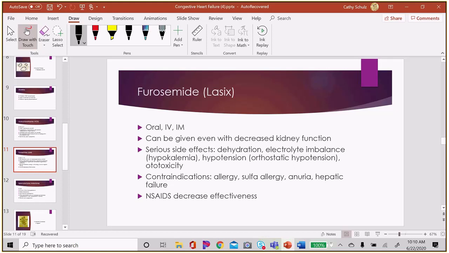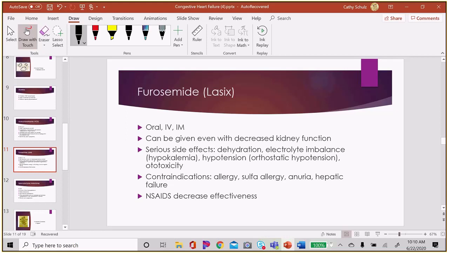And so the potential electrolyte imbalances are the same, but are likely to be more profound than they would be for hydrochlorothiazide. So the person could be dehydrated, they could have a low potassium and low sodium, they could have a high blood sugar and high uric acid, similar to hydrochlorothiazide.